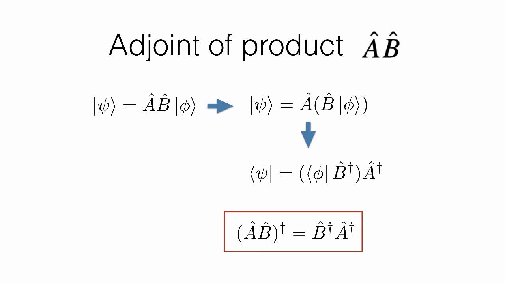Because if I wanted to go directly to the bra phi from the beginning relationship, I would have an (AB) dagger that should operate on the bra psi. So we obtain this formula. Again, nothing really surprising, but do not forget it. The adjoint of AB is equal to the product of the adjoints, but with a permutation.